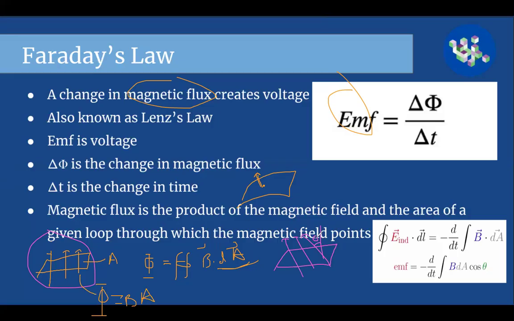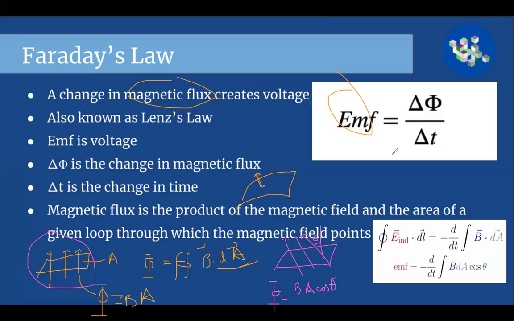Well, then if you do the dot product, you'll find that my flux would equal B times A, except because I need to do the dot product, it will be B times A times cosine of theta, right? So that's just the definition of magnetic flux.